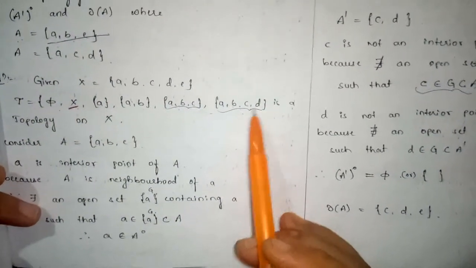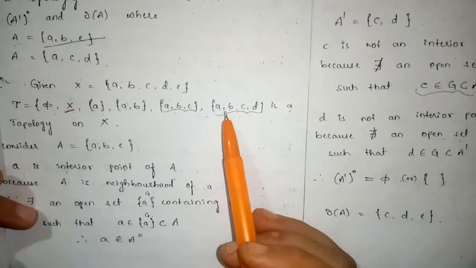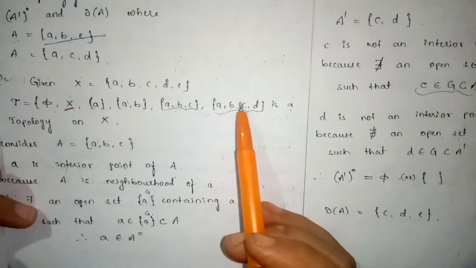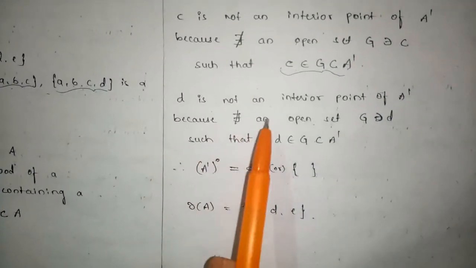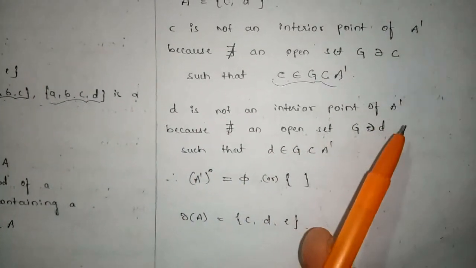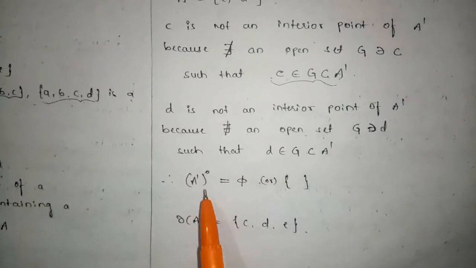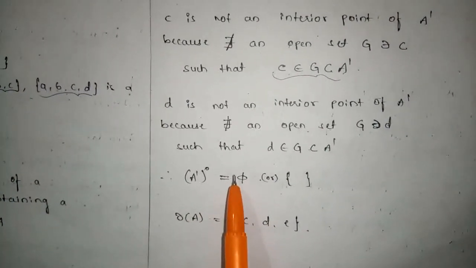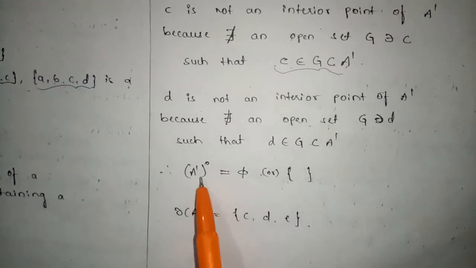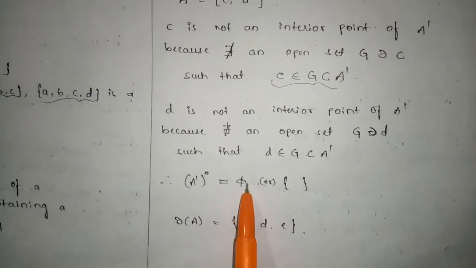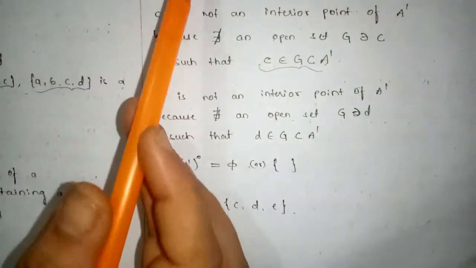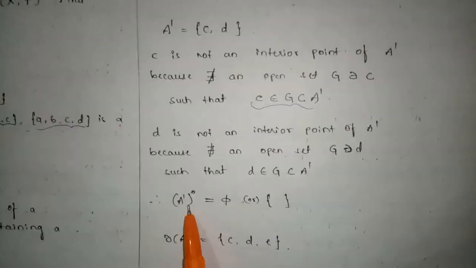But these two sets are not subsets of A complement. Therefore, the condition is not satisfied. Therefore, d is also not an interior point of A complement. Therefore, there are no exterior points. Therefore, the exterior point set is the null set. These are the interior points, and these are the exterior points.